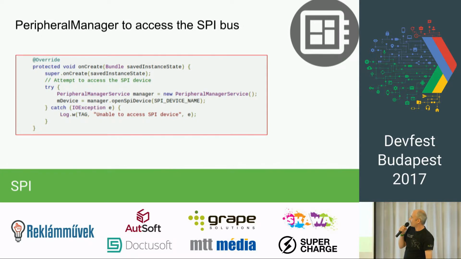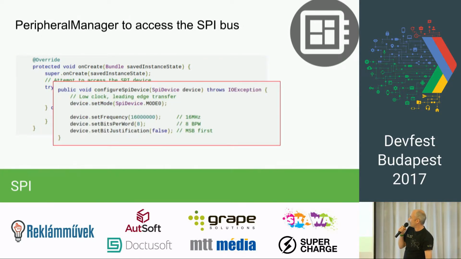And again, lots of data sheets. You open the device like this, and then you can set frequency, bits per word, the bit justification. MSB, most significant bit first, is the default. Don't try to set the bit justification to true, because that doesn't work yet. So it's all beta. It's a dev preview.